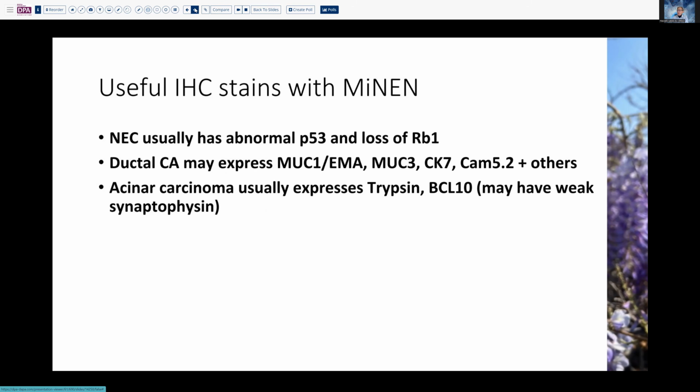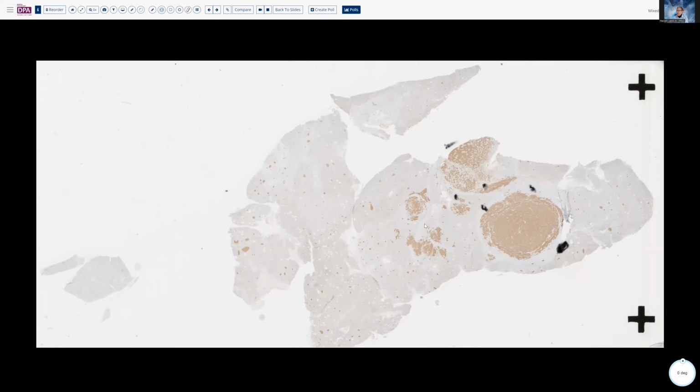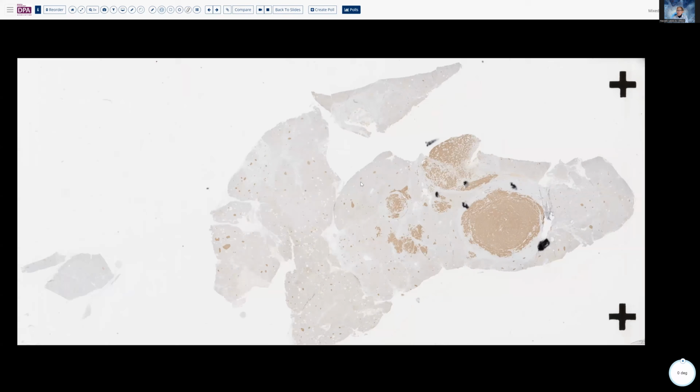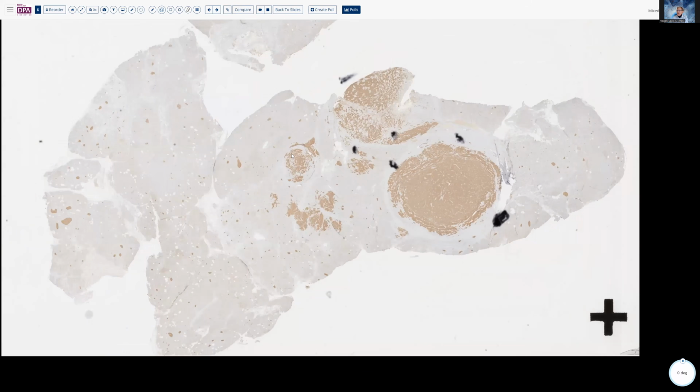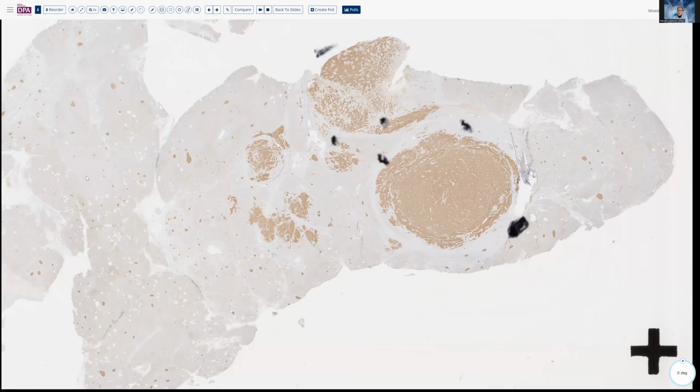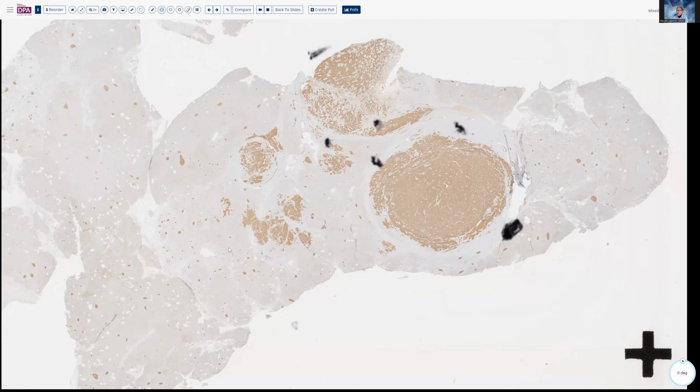So let me just run through a couple of stains that we did on our case. Here we have, as you can see, the dominant component is the synaptophysin positive component. And you can see nicely the internal control of the normal islets here in the surrounding pancreatic tissue.